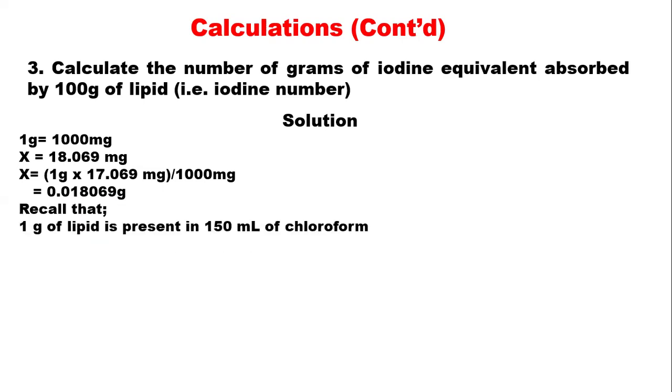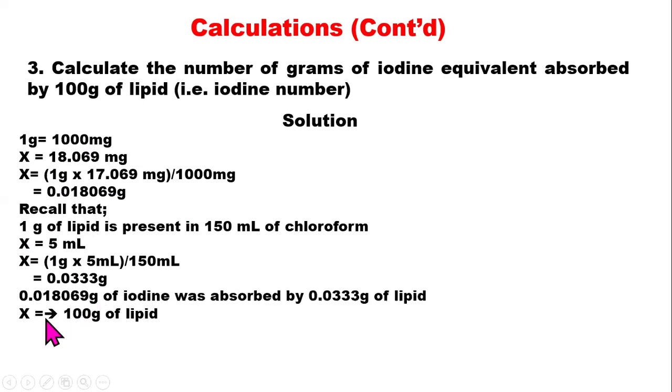Now let's continue. You remember that 1 gram of your lipid is present in 150 mils of chloroform. Then how many grams will be present in 5 mil? You remember you pipetted 5 mil of lipid in chloroform, right? So how many grams will be in 5 mil? So we have 0.0333 grams.